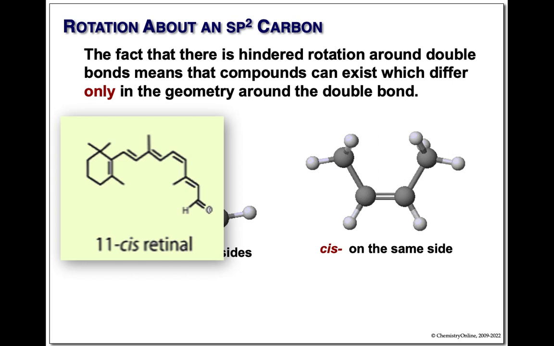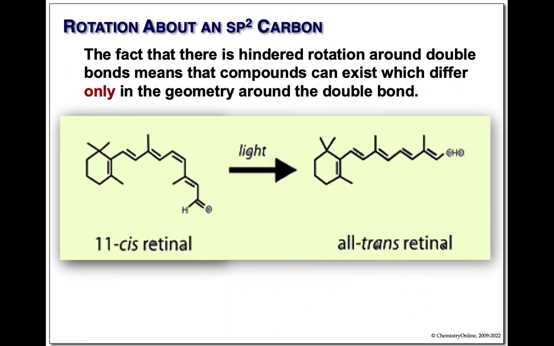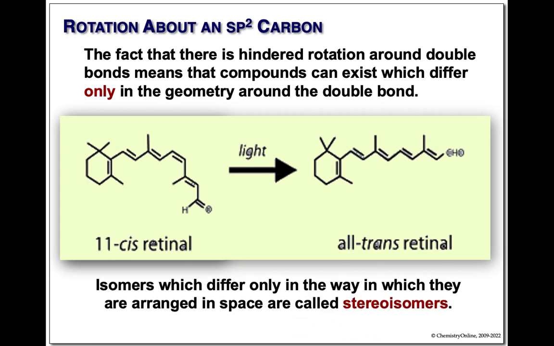When it excites it, it becomes a single bond and rotates to the trans isomer. That's vision. Every time a photon strikes retinal in your retina, we get an isomerization and your brain detects light. Kind of neat. Again, these are isomers. They differ in the way they're arranged. Technically, we call these stereoisomers.